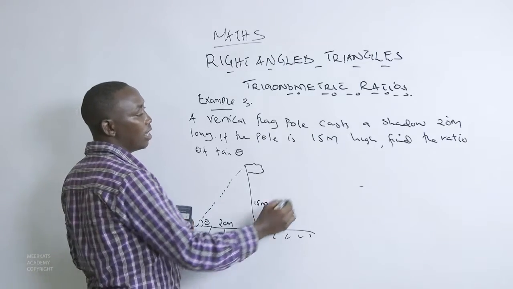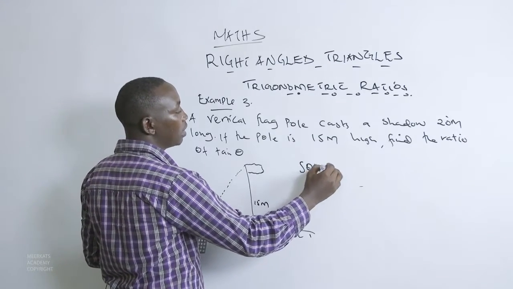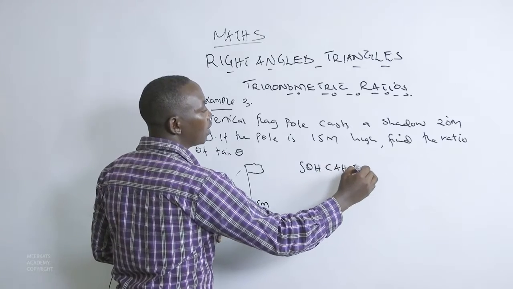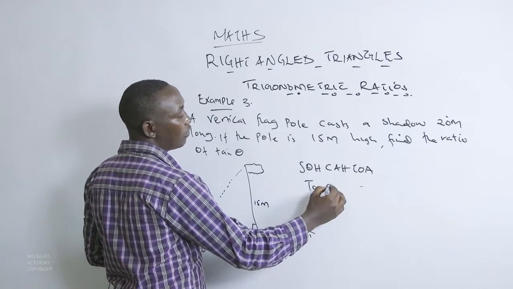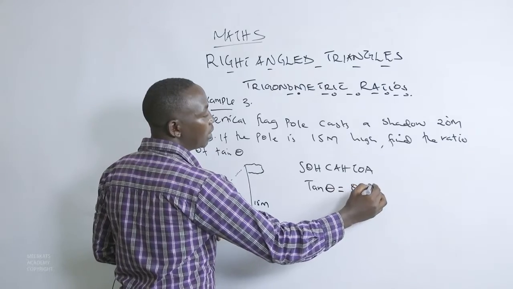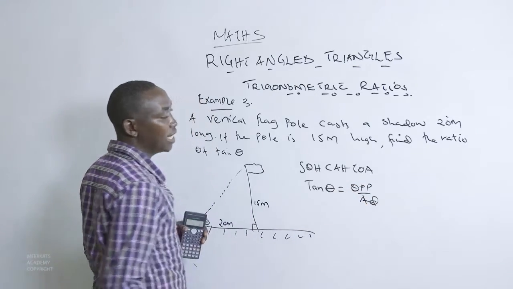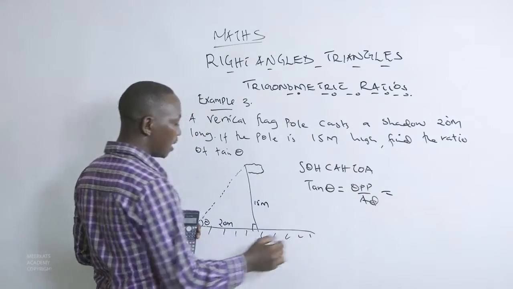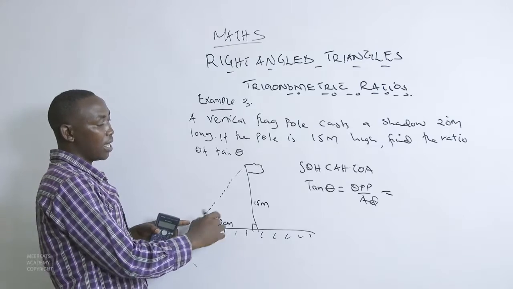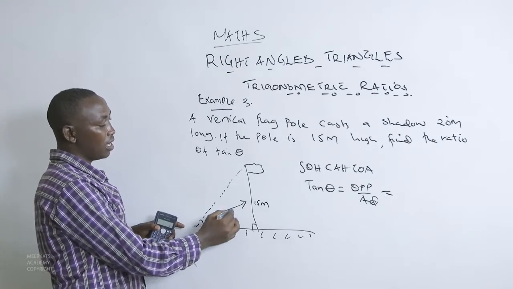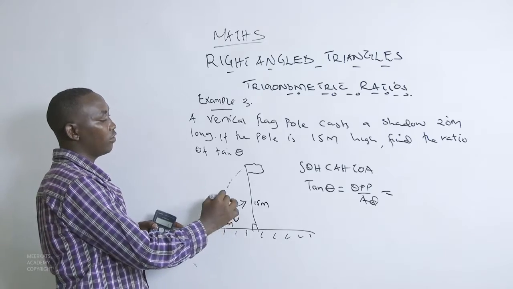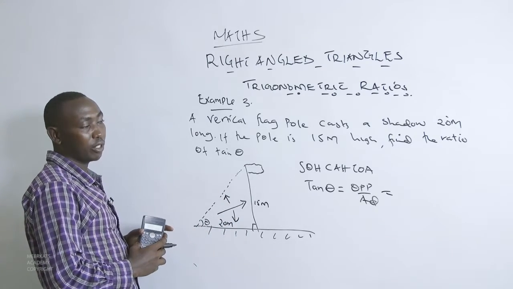Now we understand from SOHCAHTOA that tan of theta will be given by opposite over adjacent. In relation to this angle theta, this side will be the opposite, this side will be the adjacent, and of course the other side will be the hypotenuse.